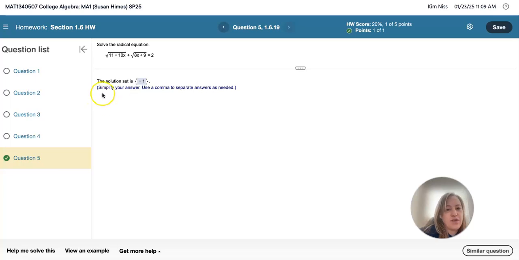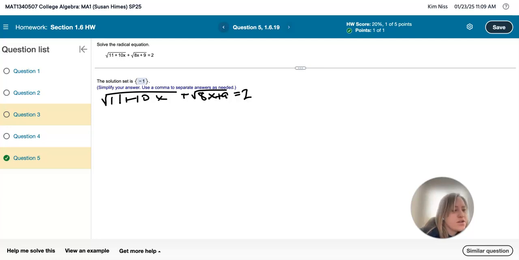So the first step that we're going to do, here we have the square root of 11 plus 10x plus the square root of 8x plus 9 equals 2.